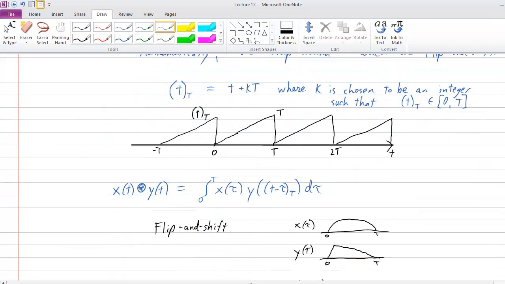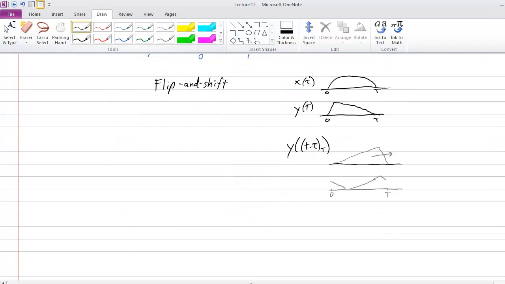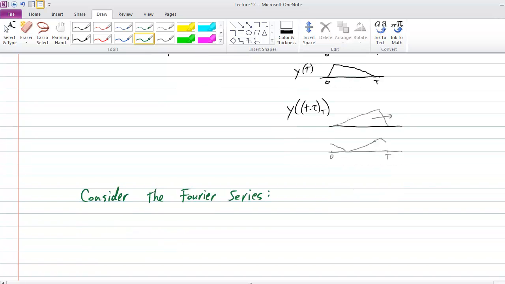Let me try to justify another thing here. Consider the Fourier series. You may recall that, before we even got to the convolution rule for the Fourier transform, we derived what was going to happen to a complex exponential that went through a linear time invariant system.